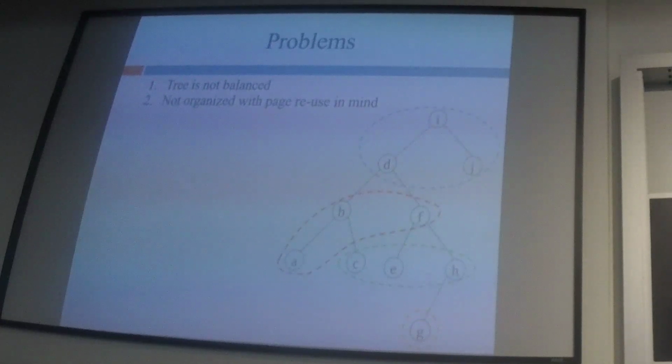One is the tree is not balanced, so it's a little deeper than it needs to be. And the bigger problem is that the tree is not organized with page reuse in mind. We look at these 2 pages here. We loaded a full page to touch 1 node. That's because these pages are horizontally organized instead of some better organization. So we jump to some level in the tree, load a full page to do it, and then jump out of that page immediately down to the next level.